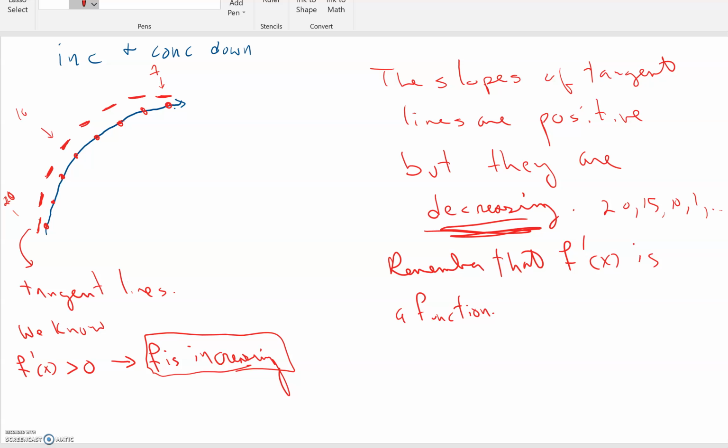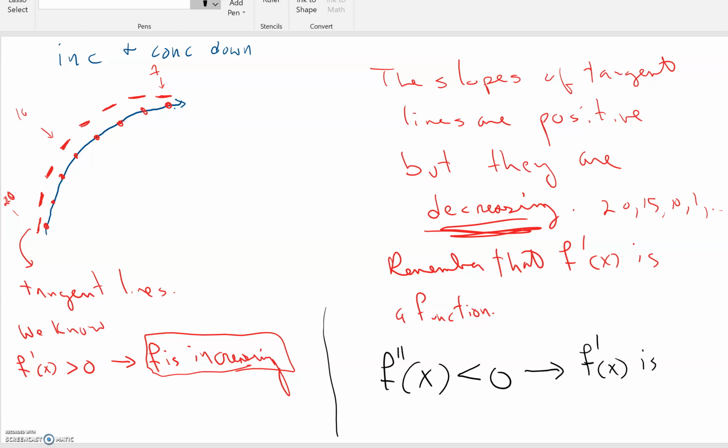If the first derivative is a function and it satisfies the necessary conditions, then we could say that if f double prime of x, now I know here I was saying f prime of x is greater than 0, but now I'm talking about the second derivative. If the second derivative is negative, that should mean that the first derivative is decreasing.